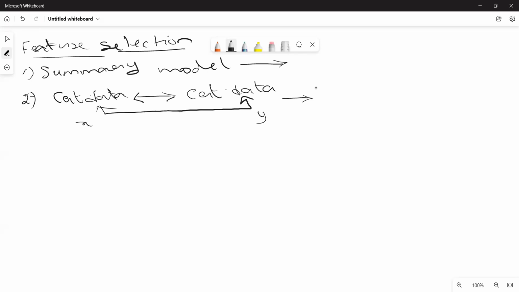I have a categorical data and I have another categorical data, and I want to find out whether these two categorical columns are dependent on each other or are independent. So that is done using a chi-square test.